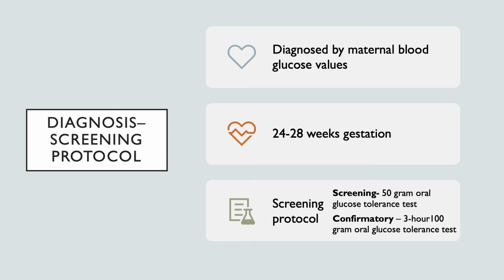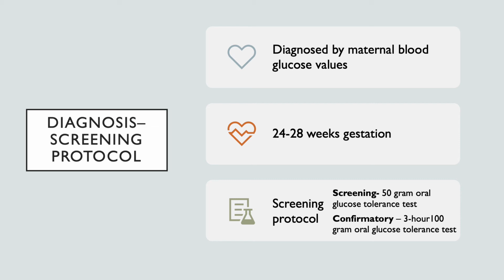And most commonly used is going to be the two-step approach, where the patient has a screening test first and then a confirmatory test. So the screening test is going to be a 1 hour, 50-gram oral glucose tolerance test. If that test is positive, then the patient does a confirmatory 3-hour, 100-gram oral glucose tolerance test.